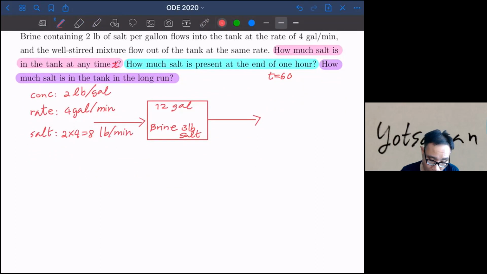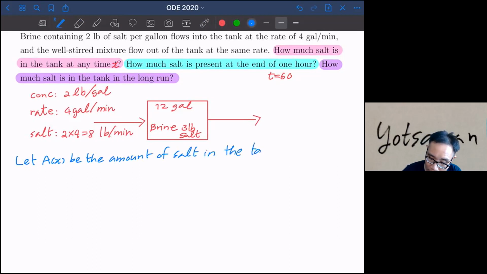Okay, same thing, you're gonna let A(x) be the amount of salt in the tank at any time x.